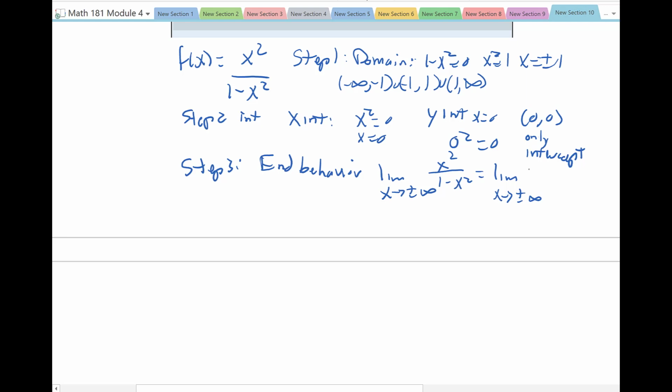If I divide everything by x squared, I have 1 over (1 over x squared minus 1). So I hope that clarifies it. You end up with just -1 as your limit. So we have a horizontal asymptote at y equals -1.